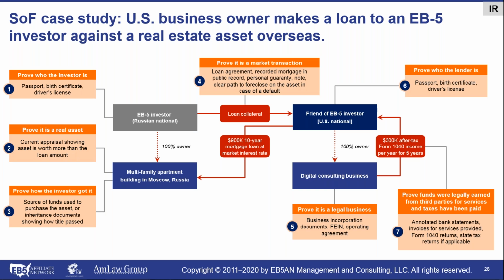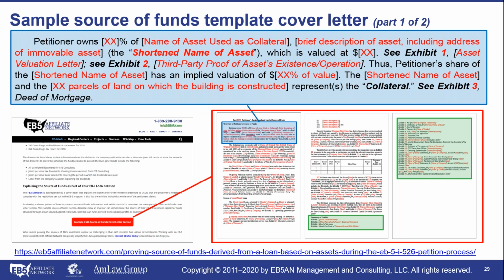Yep, great. So I think that covers this slide. With respect to the actual source of funds letter, the way this actually works, and I'll let Charles and Irina jump in here too.